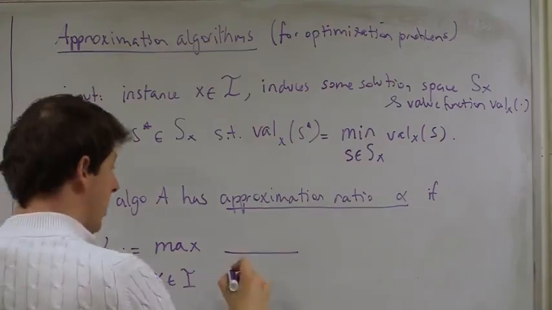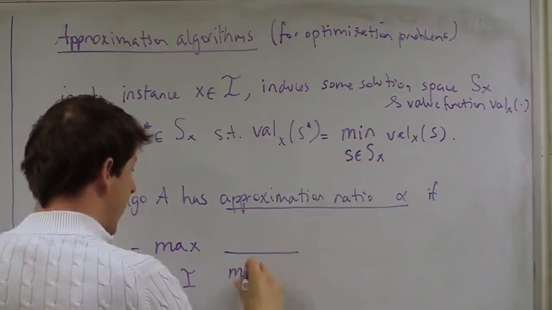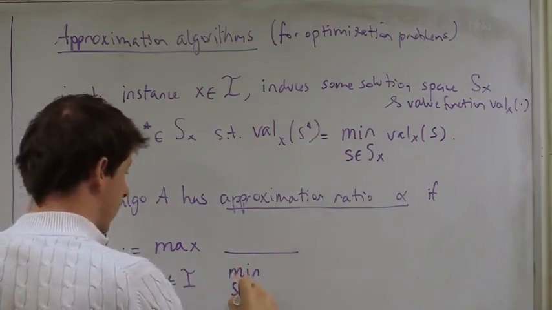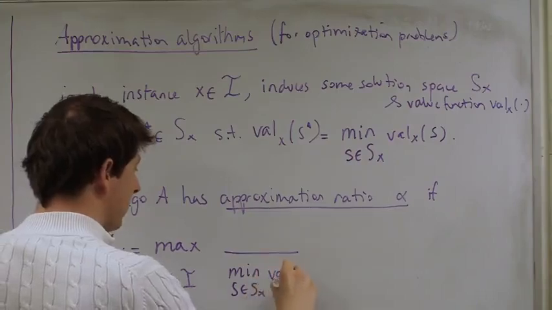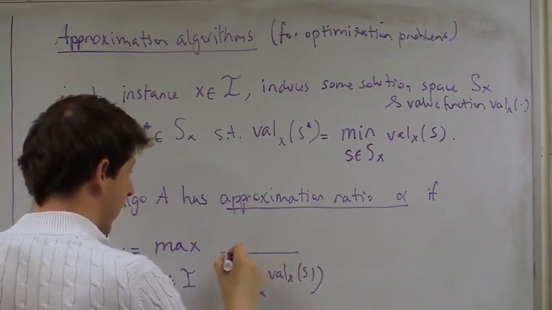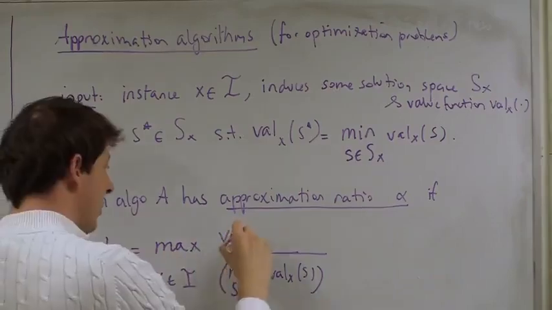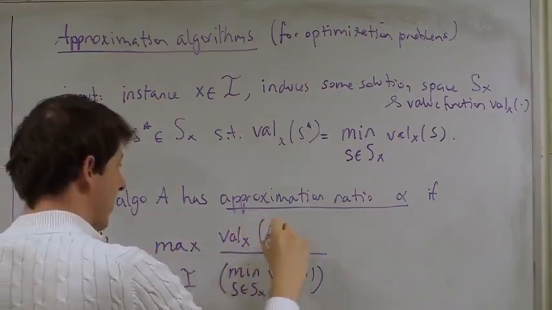On the one hand, you look at the best value, which is in the denominator. And in the numerator, what you write is the value of the answer returned by the algorithm.